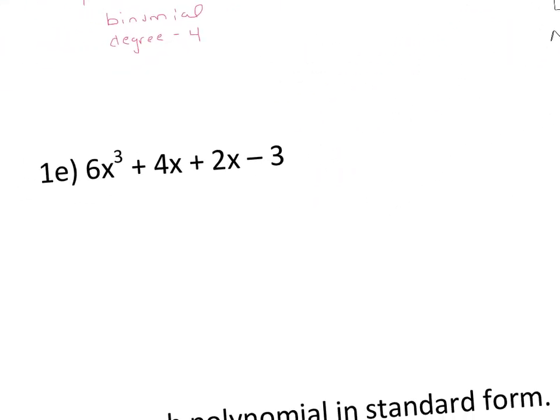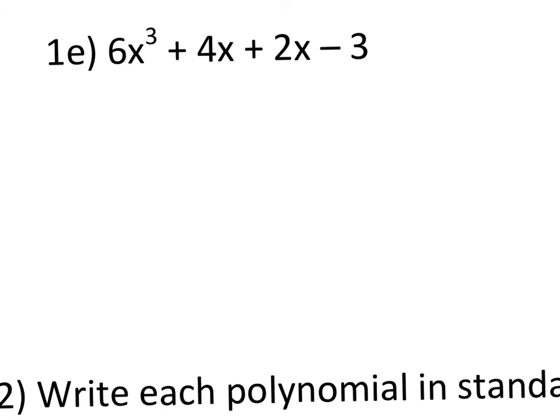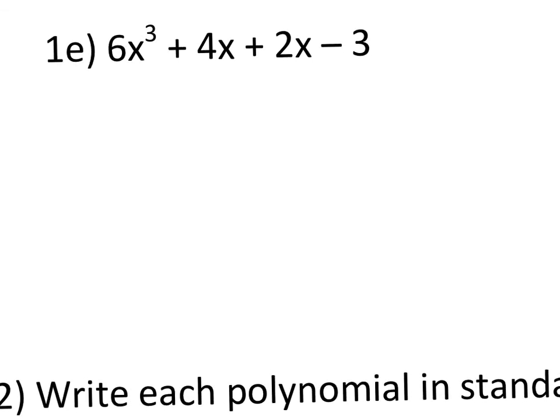All right, and the last example for example 1, 1E, is again simplify. So if I'm looking right here, I can go ahead and combine like terms. So I have 6x to the third plus 6x minus 3. Now in this case, I have 1, 2, 3 parts.